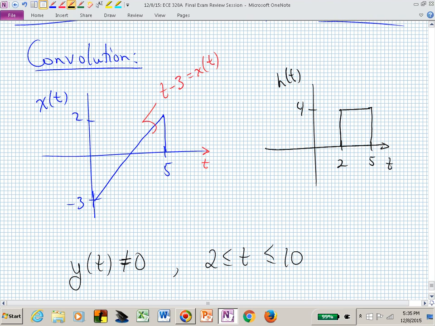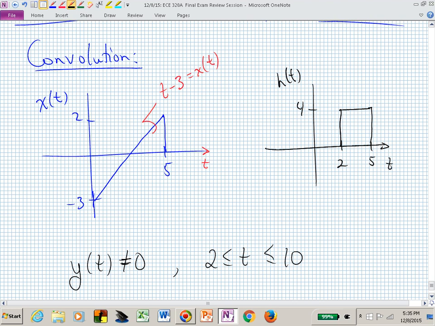So here's the explanation, or here's one way of thinking of that. H of t tells me the impulse response. That says that if I hit it with an impulse, where an impulse is just instantly on at 0, and then it's no longer happening, then I have to wait 2 units of time before I see anything.